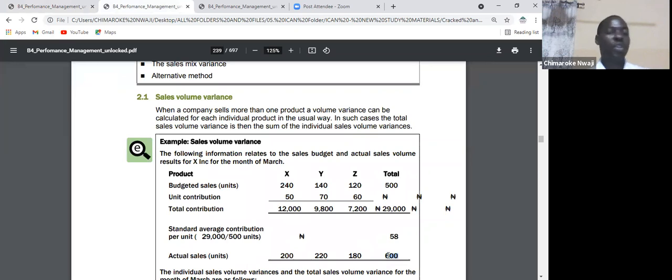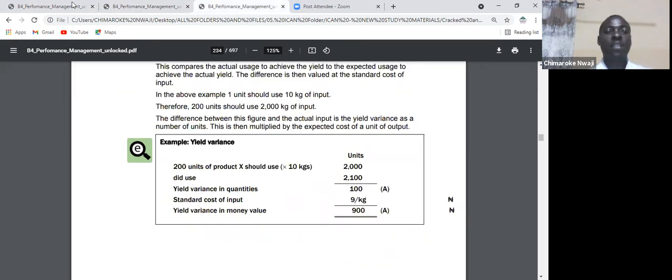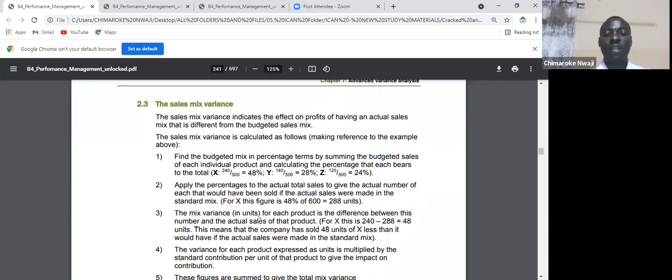If you sell 600, that means for X you have 48%. So you calculate 48% of 600. It means that X should have sold 288. For this figure, X is 48% of 600, which is 288.